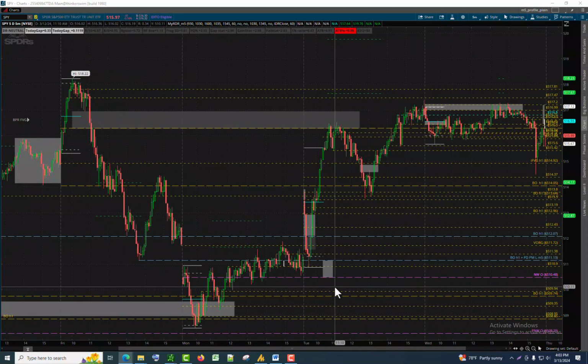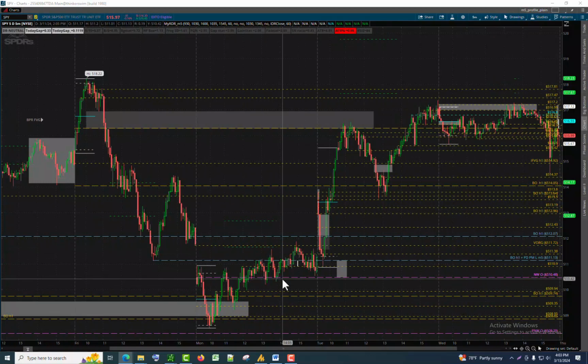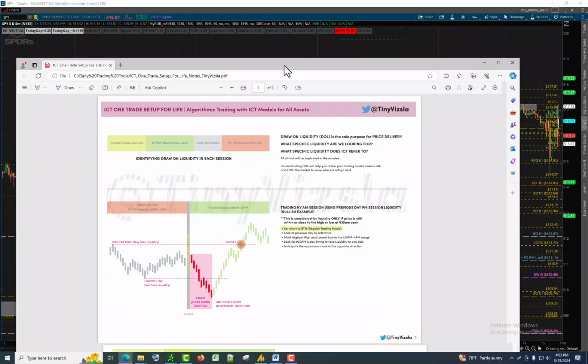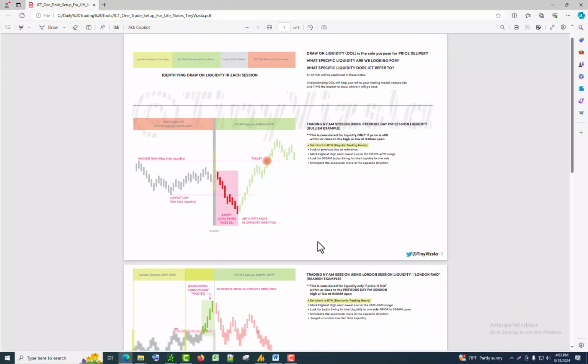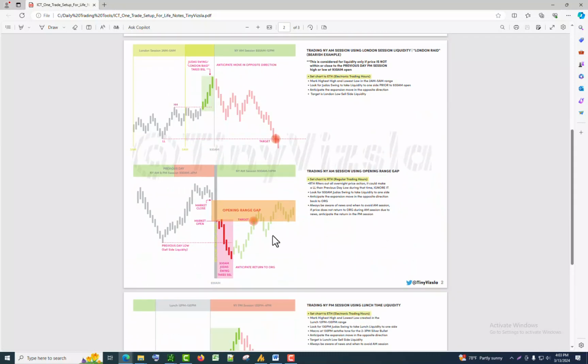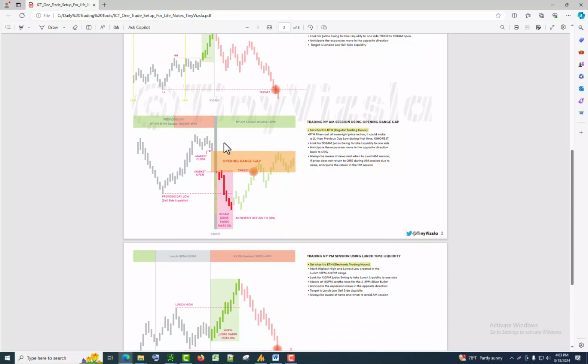And on Monday we have another setup that fits into the ICT model. In this case, it's not model 1, but model 2, where you have a gap down, and then you have a Judas swing at 9:30, and then it starts to reverse.